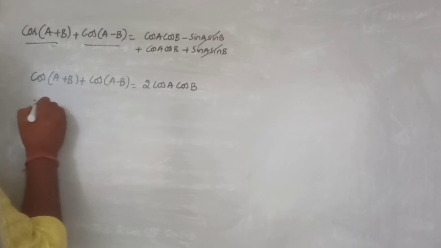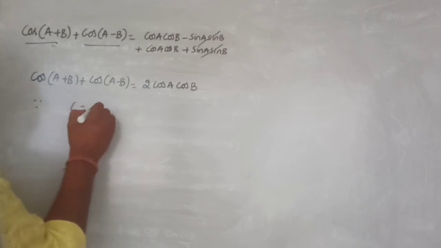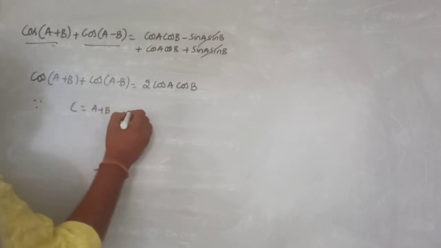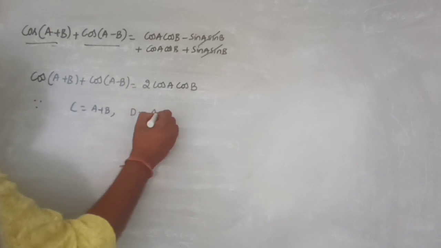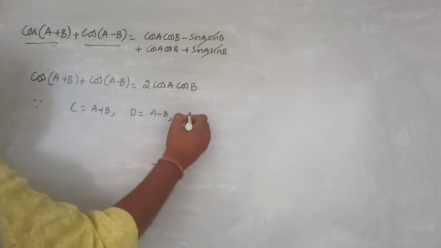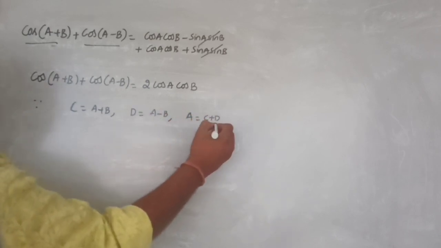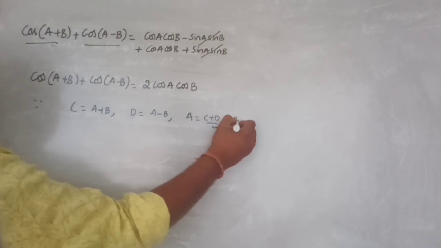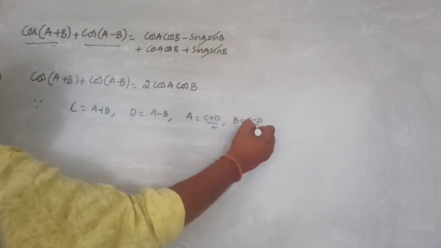Here since we know that c is equal to a plus b and d is equal to a minus b, then a is equal to c plus d by 2, and b is equal to c minus d by 2.